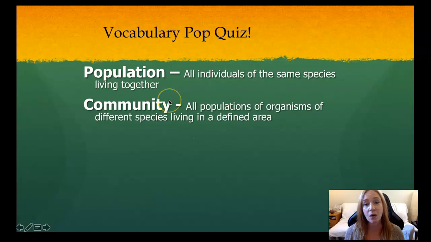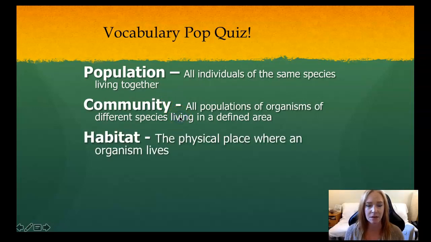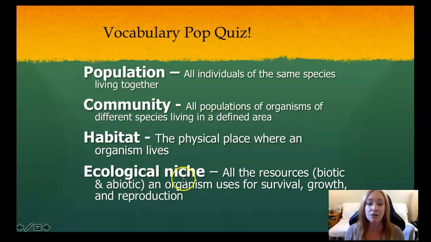A community is all the populations of organisms that interact with each other in an ecosystem. A habitat is the physical place where an organism lives, and an ecological niche is the job and the resources that organisms use for survival and reproduction. You should know all of those words, because I'm going to use them in this video.